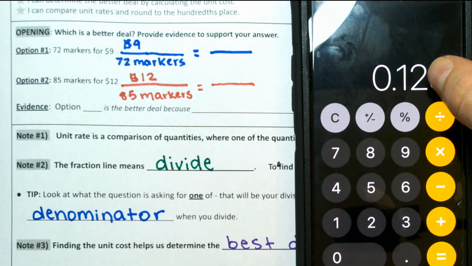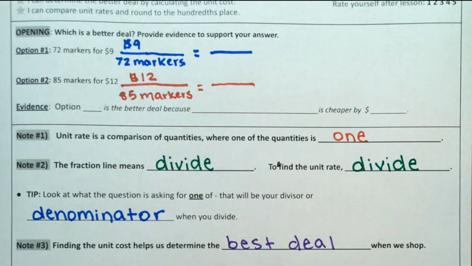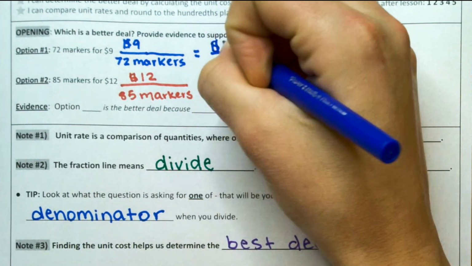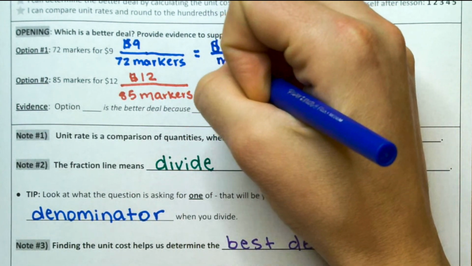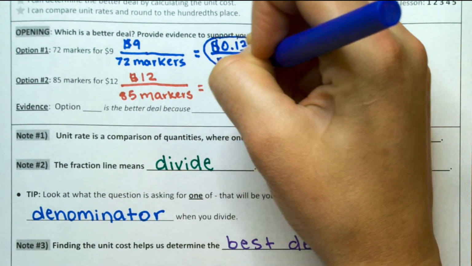Those are our 2 options. The way we know if it bumps up is if the third number is 5 or higher. Because this number is 5 or higher, this will become 13 cents per marker. So I'll write that in, 13 cents per marker, and then I'm going to circle my answer.